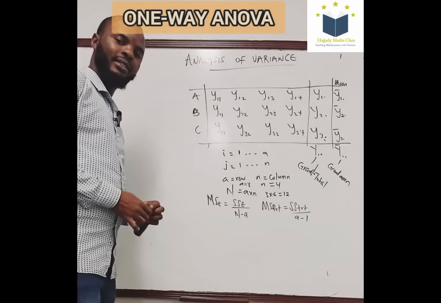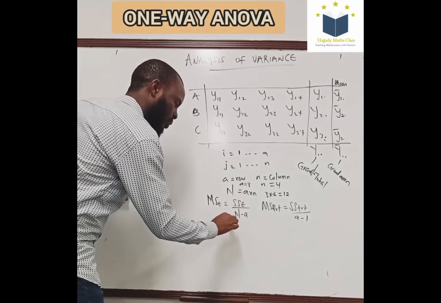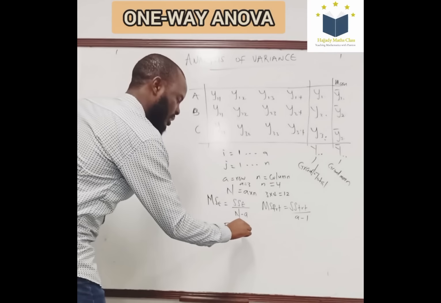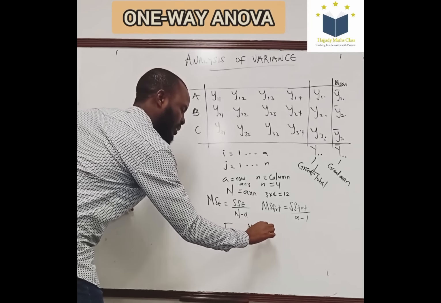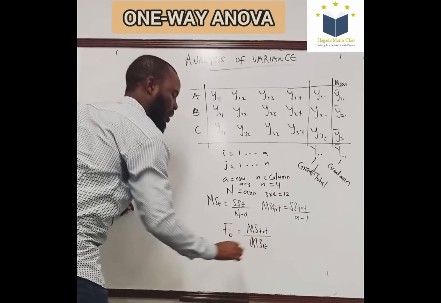So for our F statistic, we call it the F observed. You use the formula MS treatment over MS error.